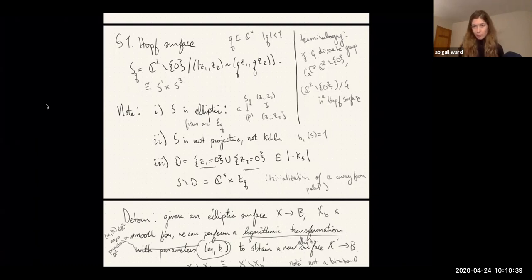There's a similar game you could play where you say, okay, this can be understood in terms of log transforms. What I did was a procedure that can be replicated for any generalized log transform on a toric variety times an elliptic curve.